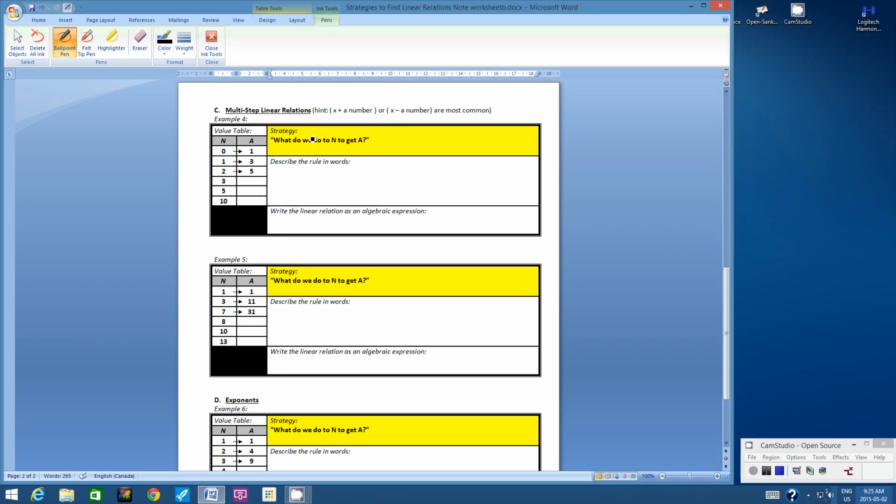Okay, so again, highlighted in yellow, what do we do to n to get a? We've got our column headings of n and a again. We've got a value of 0, and then it goes up to 1. We've got a value of 1 that ends up as 3. We've got a value of 2 that ends up as 5.